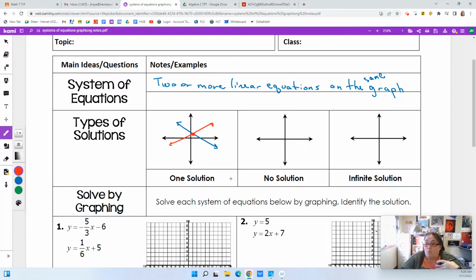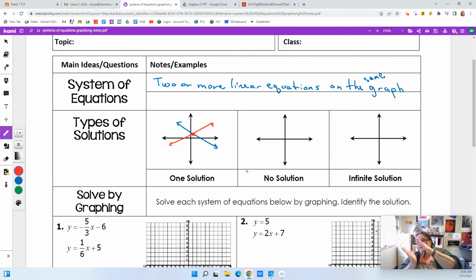So if one solution is the graph of two lines that intersect, what would you assume no solution would be? They don't intersect.